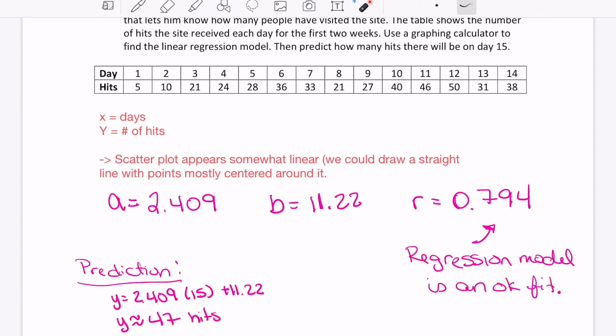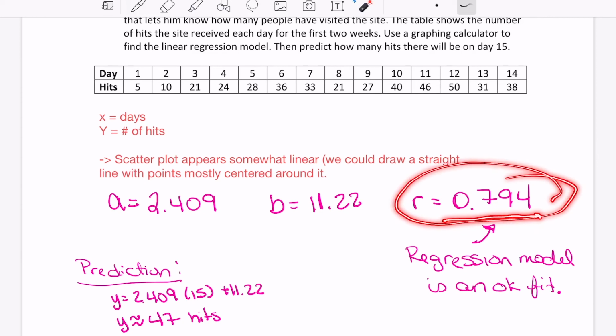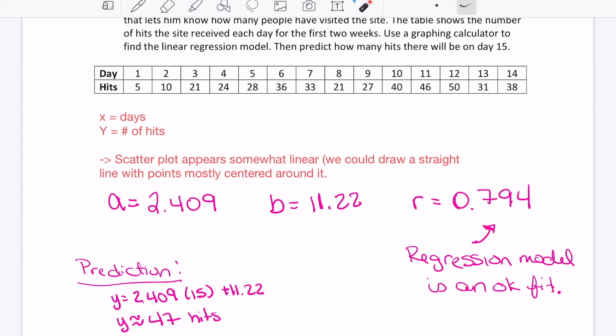Performing regression, your A value was 2.409, your B value was 11.22, and your correlation coefficient was 0.794. Based on this value alone, you know that your regression model will be an okay fit, meaning that it will be loosely centered around the points, just as we described up here.